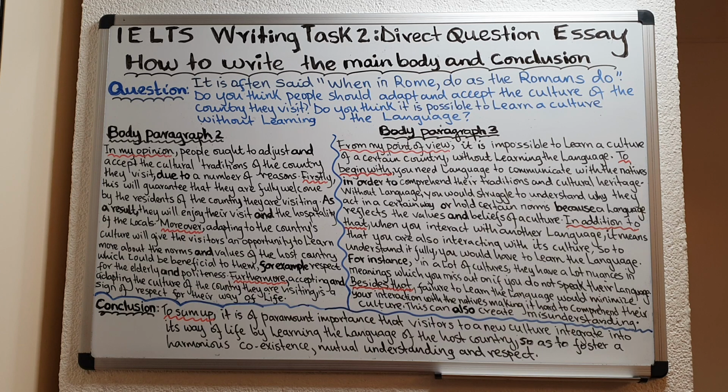Okay, so in your conclusion, you tie your opinion of the first question and your opinion of the second question. You tie them together, you link them together and write that in your conclusion.